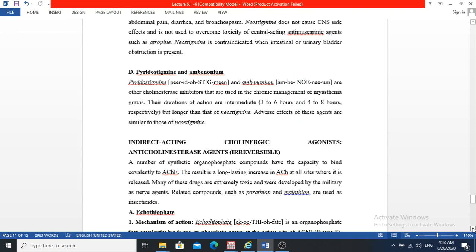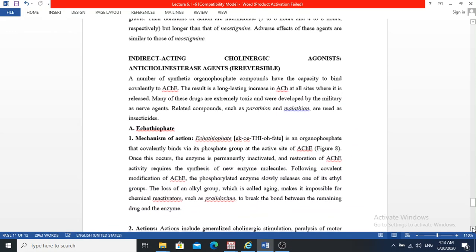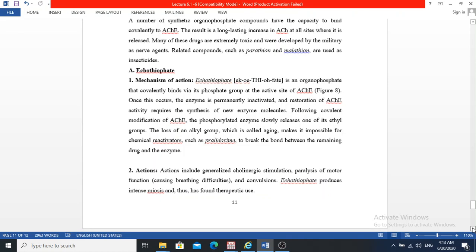Indirect acting or irreversible anticholinesterase agents. Let's start with ecothiopate. Ecothiopate mechanism of action: an organophosphate that covalently binds via its phosphate group at the active site of the acetylcholinesterase enzyme. Look please at figure 8.